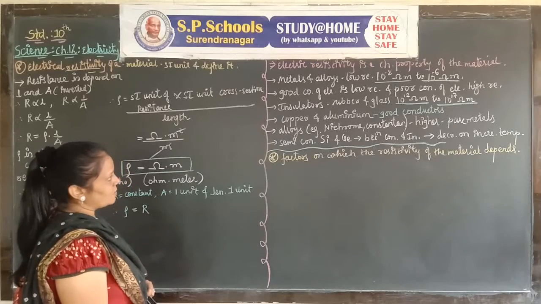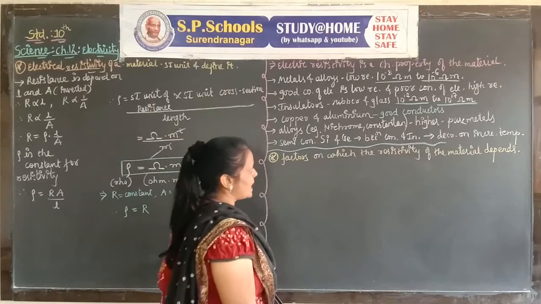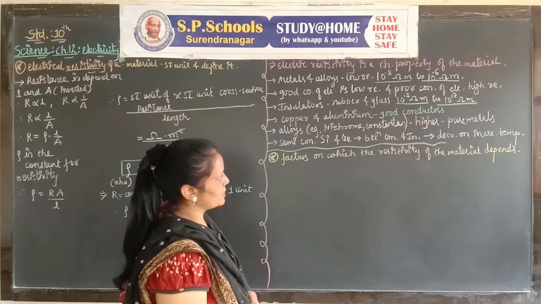Alloys like nichrome and tungsten have high resistivity.